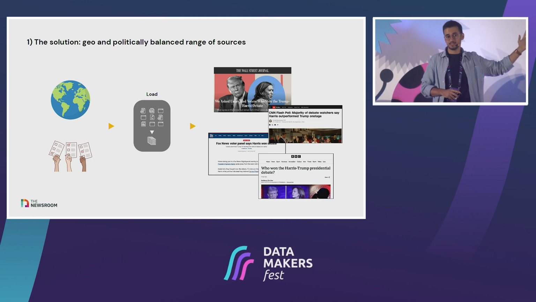In this specific case, the answer will be exactly the same. So there happens to be a pretty wide range of opinions that support that Kamala performed better in that debate. However, for a journalist, you're able to have a much more robust set of answers to work from because you know that you're looking at the full picture.